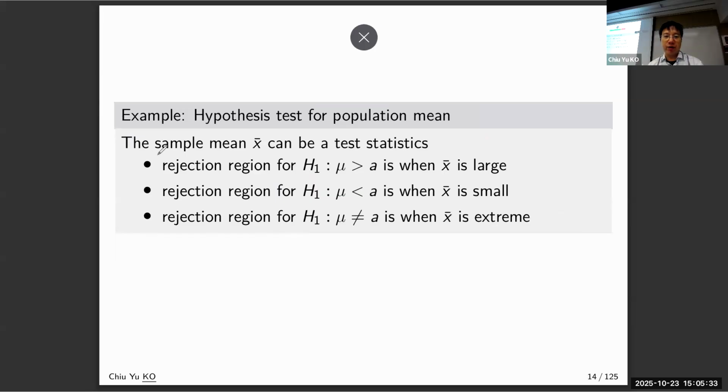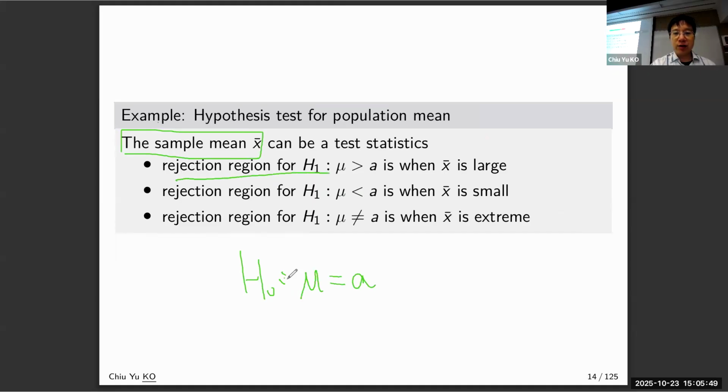So I have the sample mean, okay? If I have the null hypothesis H0: mu is equal to some number A, right? If the alternative is mu is bigger than A, right? So for example, I'm talking about a food company claiming their food has a harmful substance less than A, right?